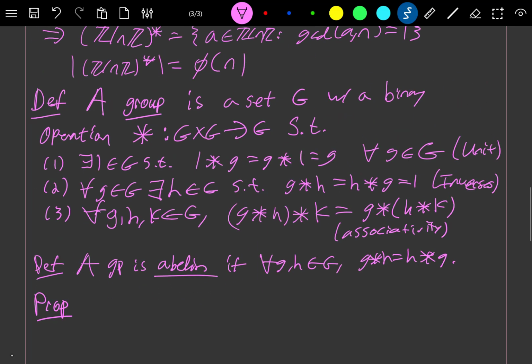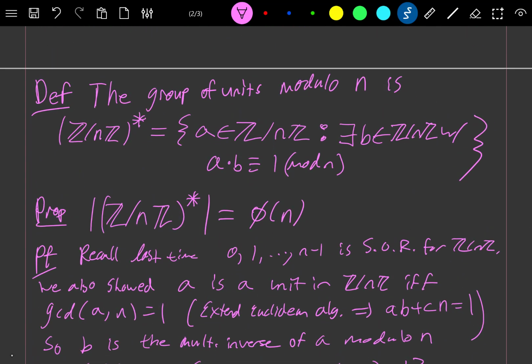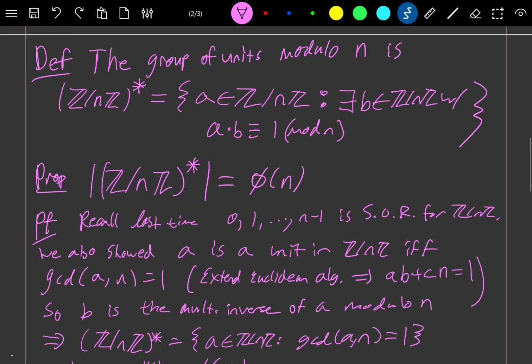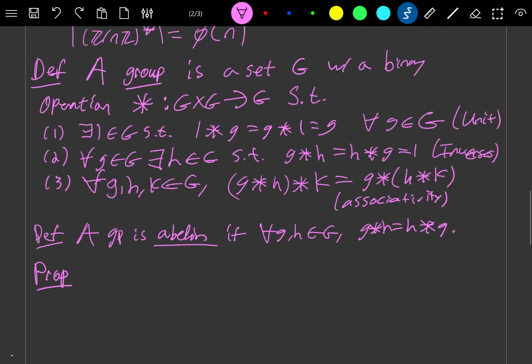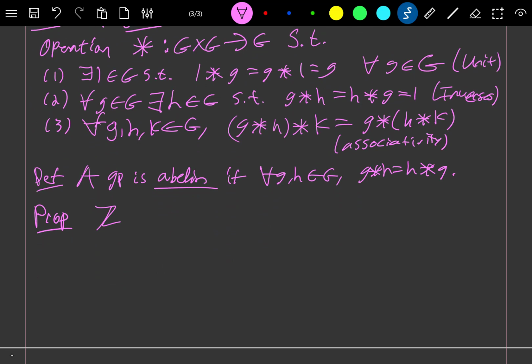We kind of defined the group of units, and we said, abstractly, it's this. And of course, Z mod nZ, we showed last time that's a ring. So if we're calling this subset the group of units, we'd like for it to be a group. So I claim Z mod nZ star, the group of units, is an abelian group. Let's prove this.